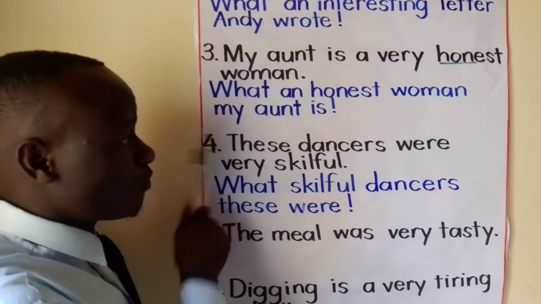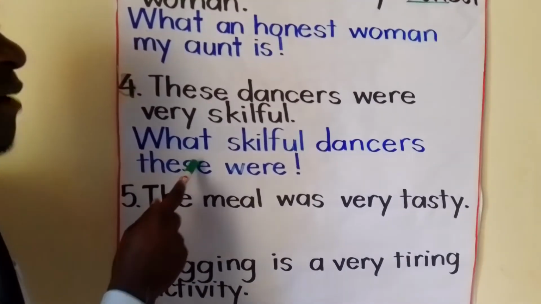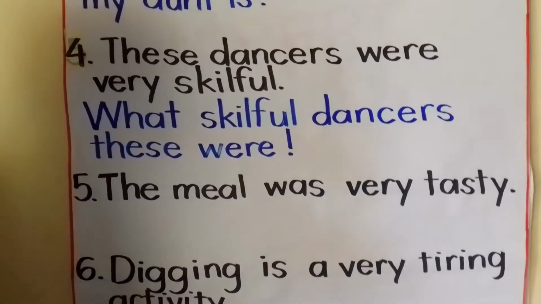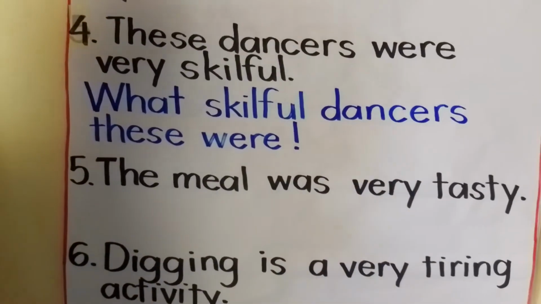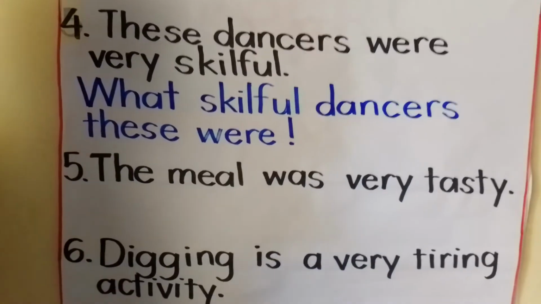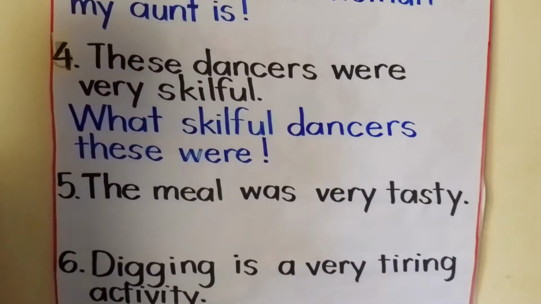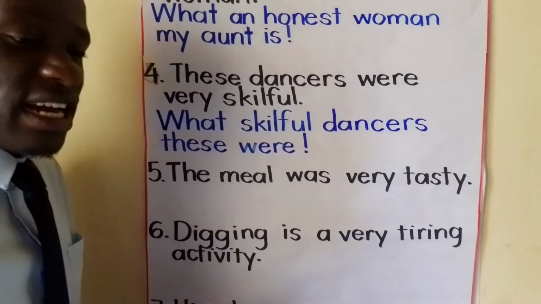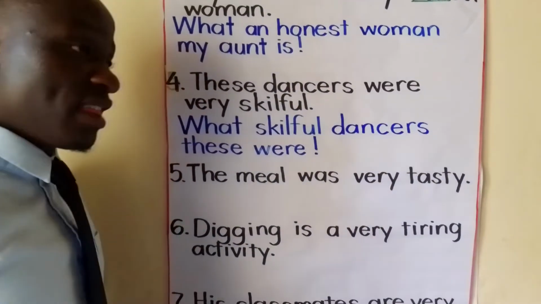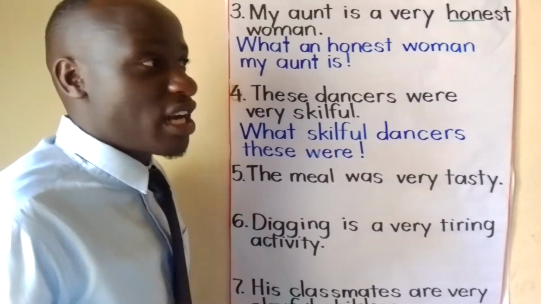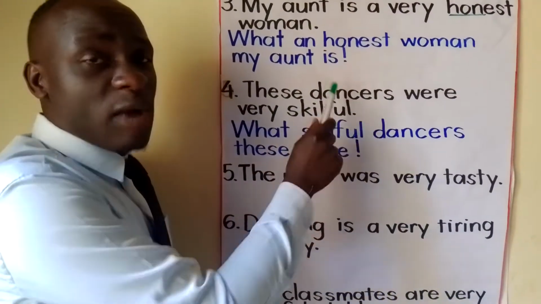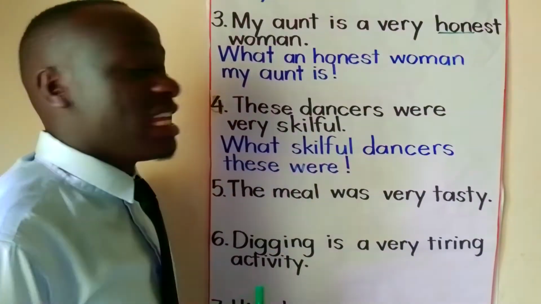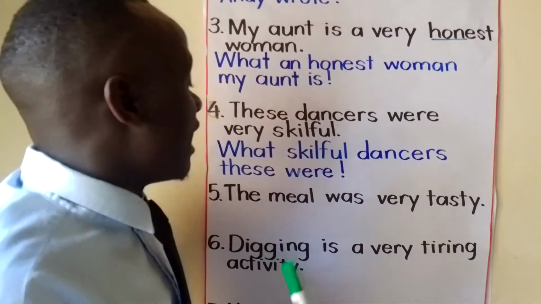Example number 4, we are given a plural common noun. So we said that when we are given a plural common noun, we have to make sure that we don't use any article, because articles a and an are only used with singular countable nouns. The fact that we are given a plural subject, we shall not use any article.